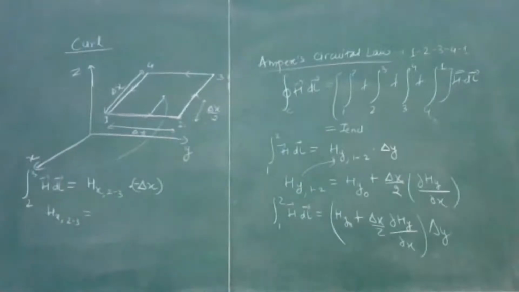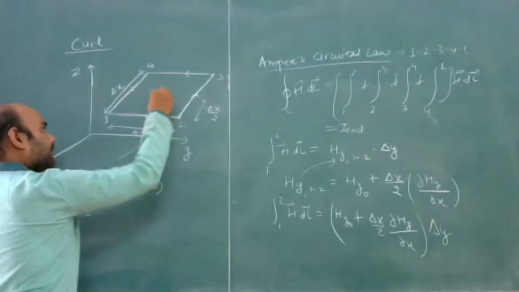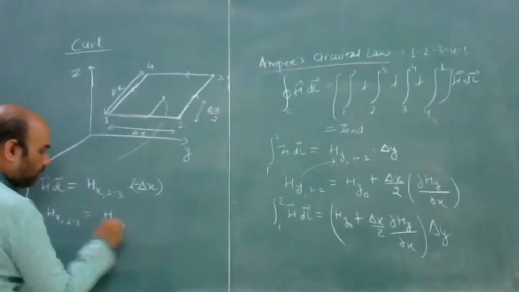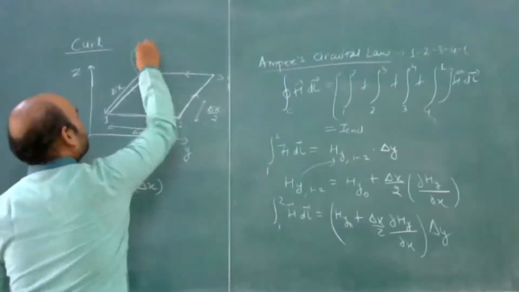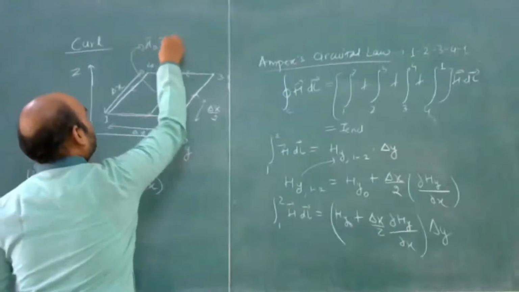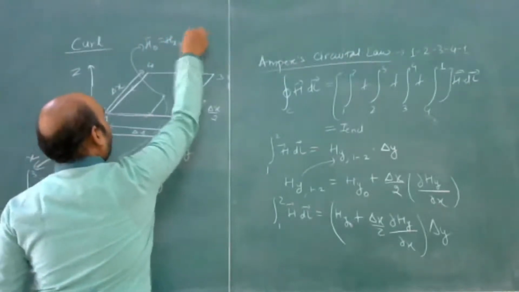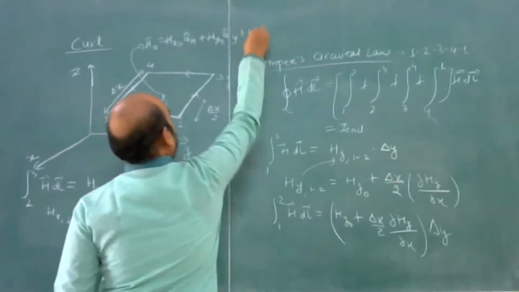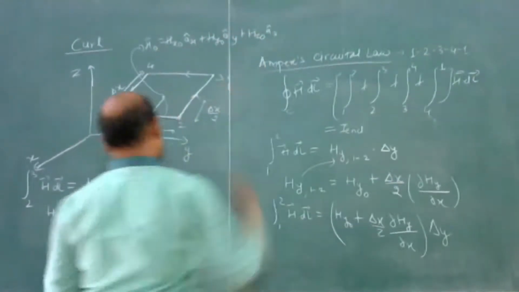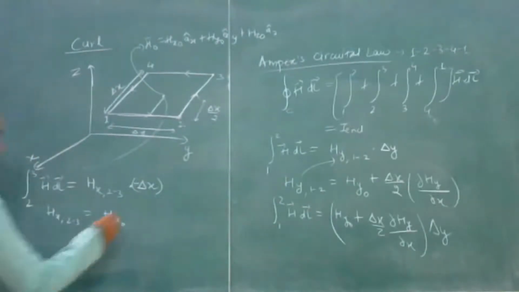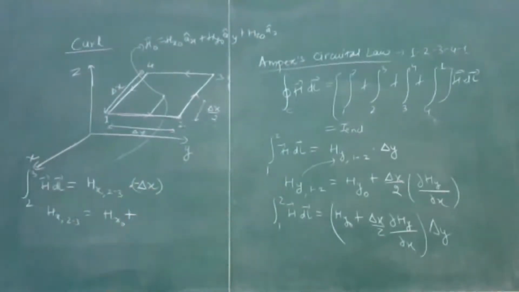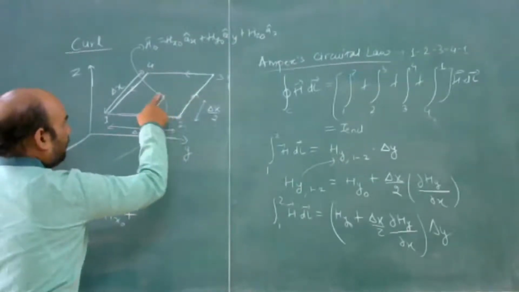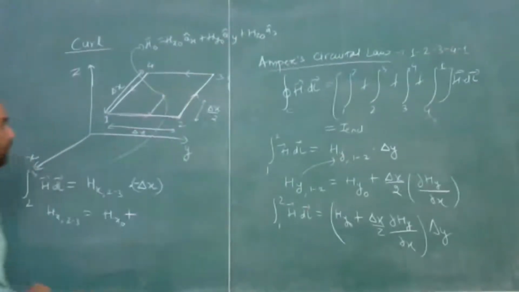Again, we know the value of H at the center. So H naught is equal to Hx naught ax plus Hy naught ay plus Hz naught az.